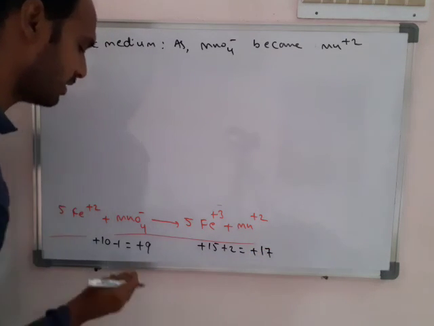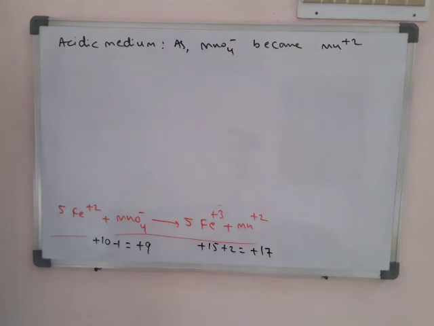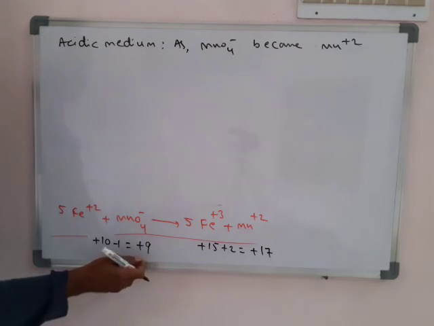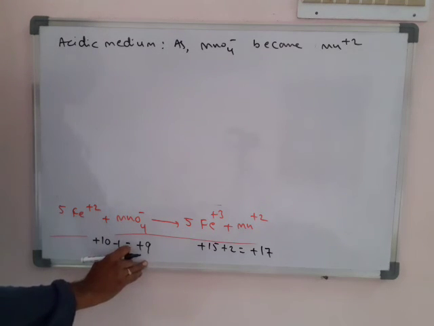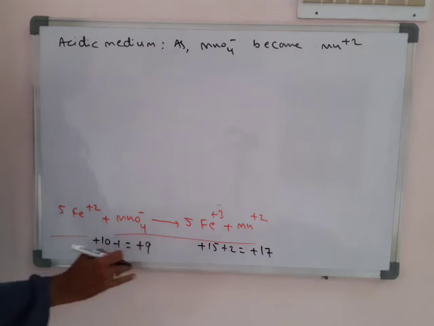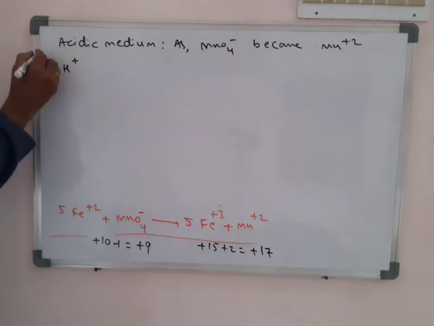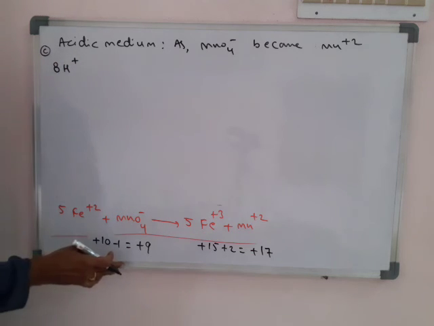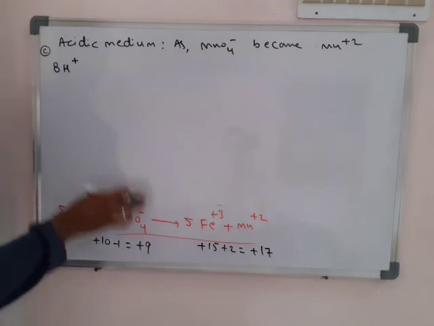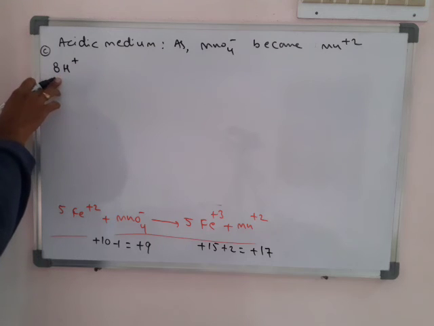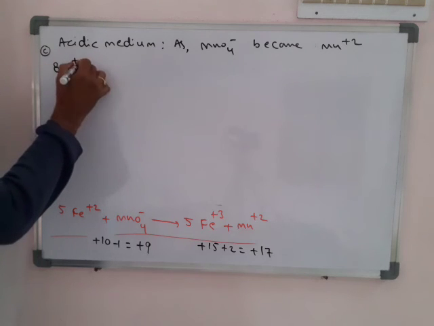Plus 17 versus plus 9, so we should add 8 H plus. Then plus 9 plus 8 becomes plus 17.